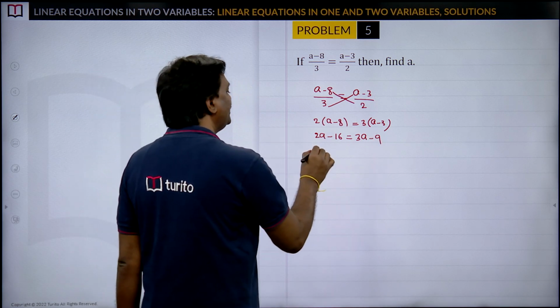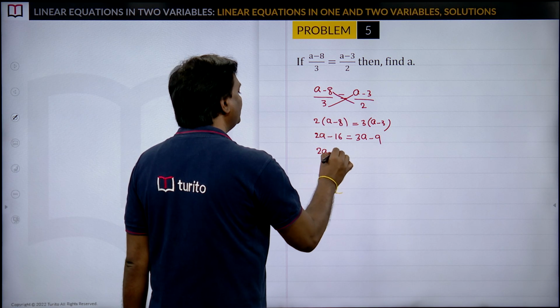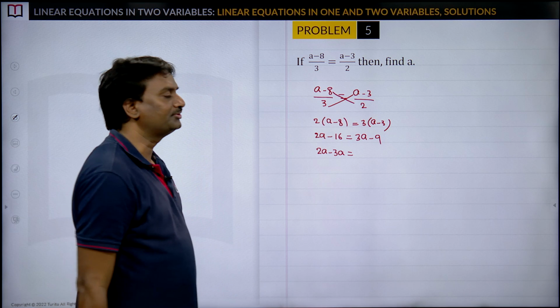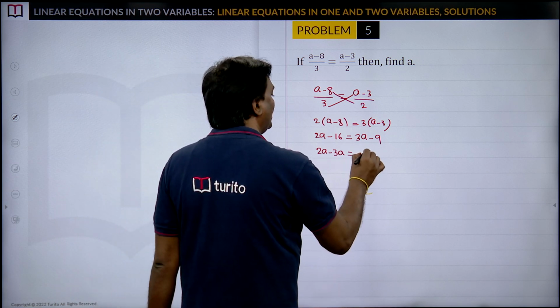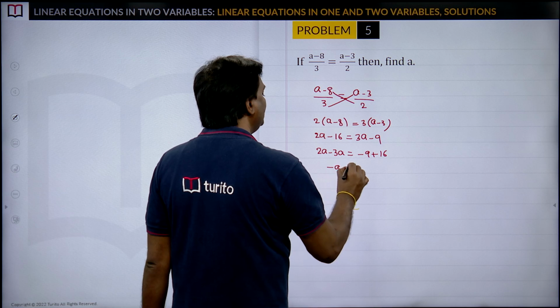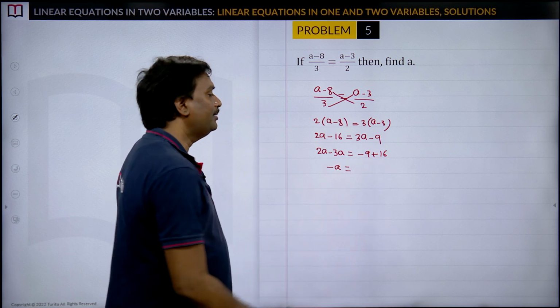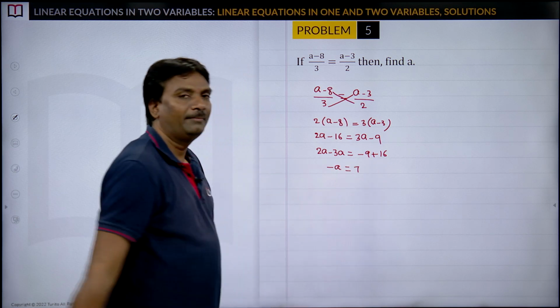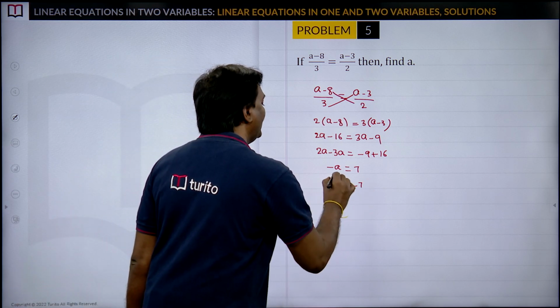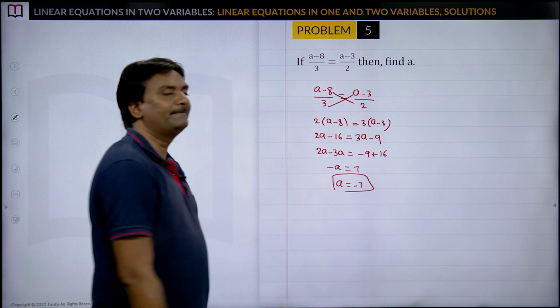If you take 3a to this side, 2a minus 3a. If you take minus 16 to that side, it becomes plus 16, so minus 9 plus 16. 2a minus 3a is minus a. 16 minus 9 is 7. By multiplying on both sides by minus 1, you will get a equal to minus 7.